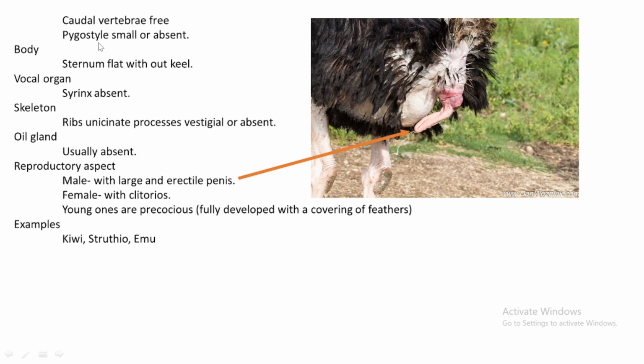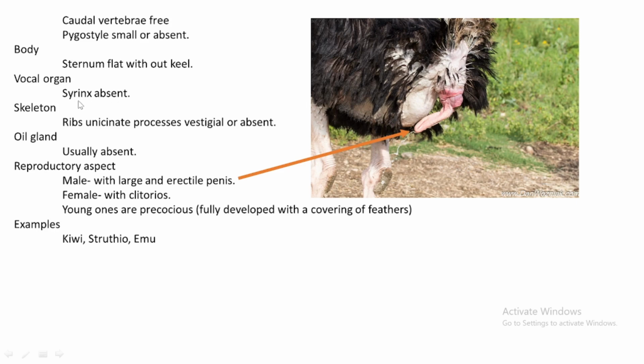Pygostyle is a skeletal structure formed by the union of caudal vertebrae, and it is small or absent, though it should be there for supporting flight. Then body, sternum is present, but it is flat and does not have a keel. So keel also we know should be a structure in the case of birds good at flight. Vocal organ syrinx is absent.